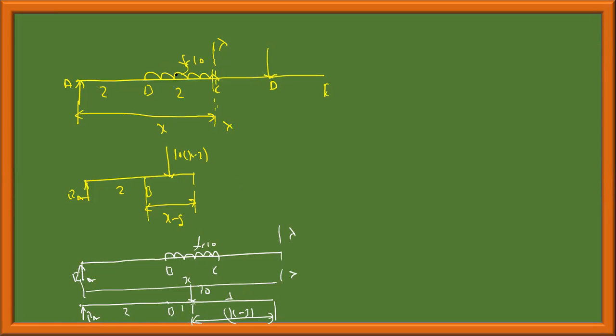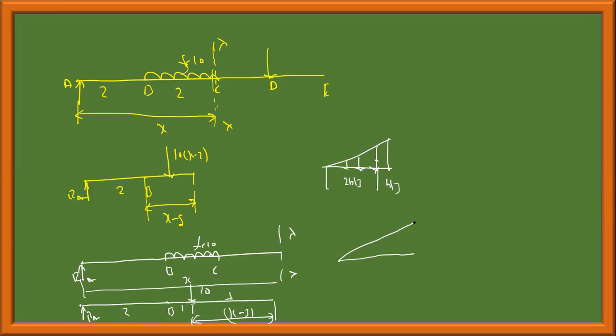Same for UVL also. If this is like this, this is the centroid. From this end, if you are coming, this is at a distance of h by 3 and 2h by 3.